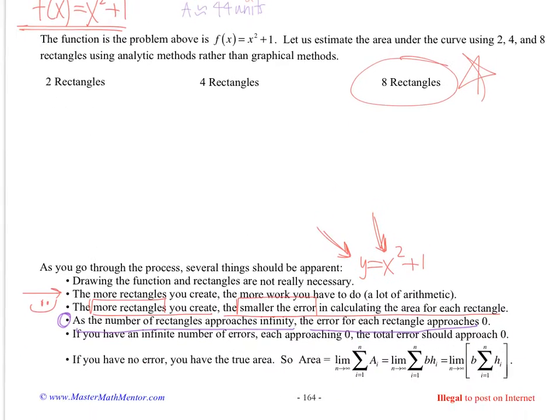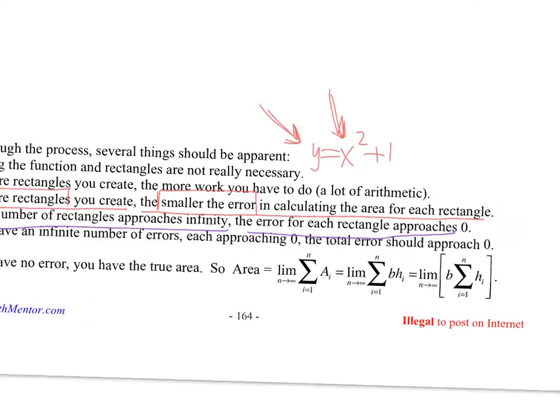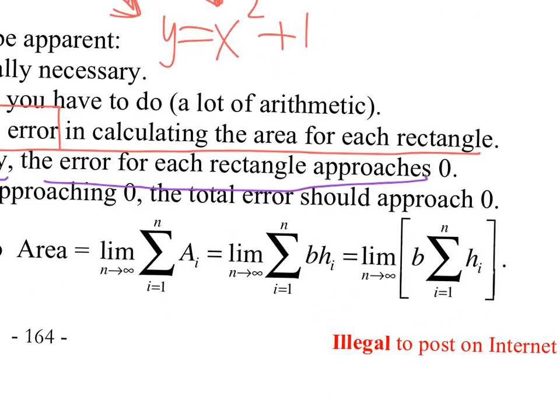Okay, so let's take a look at this. If you have no error, you have the true area. So area is equal to the limit as n approaches infinity, where n is the number of rectangles.